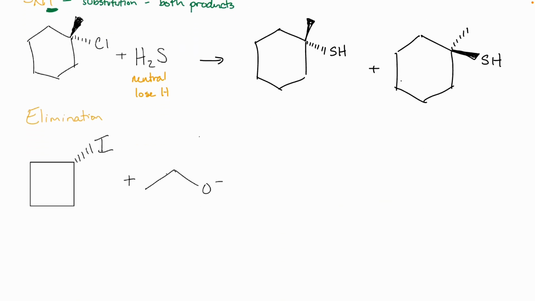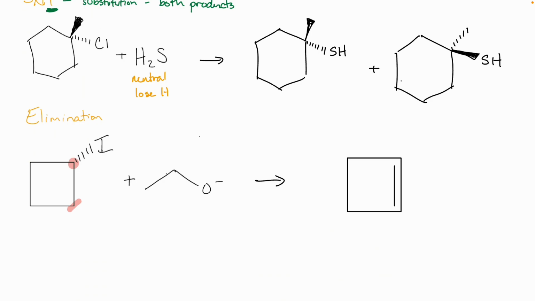All right, and then elimination means that I'm creating what new functional group? An alkene. All right, so I'm going to draw my square. But again, now I'm going to put in a double bond between this carbon and one of its neighbors. In this case, it actually wouldn't matter which one I picked because I would get the same product.